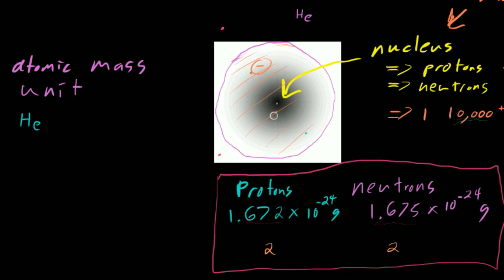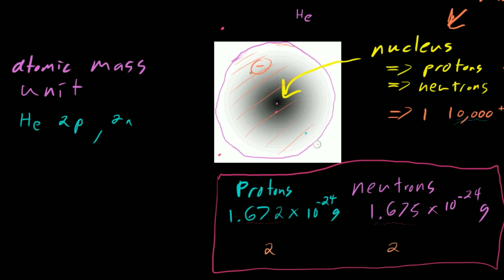If you don't know what isotopes are, don't worry, because we haven't talked about them yet. This isotope of a helium atom has two protons and two neutrons.